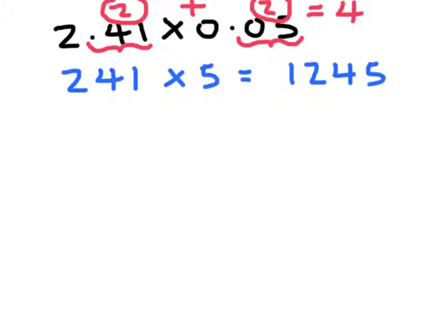So going back to our 1245, what we need to do is add in a decimal point so as to make this have 4 decimal places. So the decimal point I'm going to add just there, and then I'll put a 0 in front to make it an ordinary decimal number, so 0.1245 is the final answer.